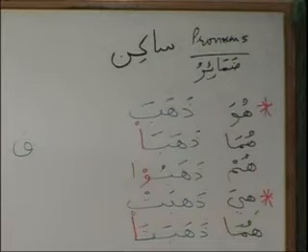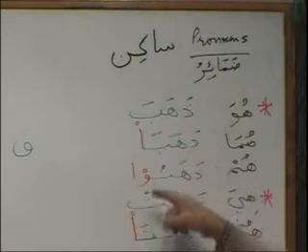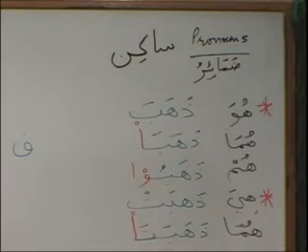The gist of all this is that if the fa'il, which is a damir, is a sakin, then the lam kalima gets a proper vowel. If the fa'il, which is a damir, is a mutaharrik, then the lam kalima will get a sukoon. Because in the next verbs, this is what will happen.